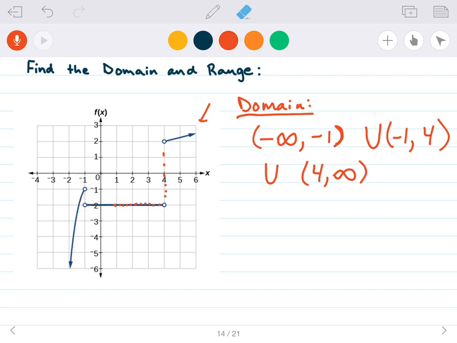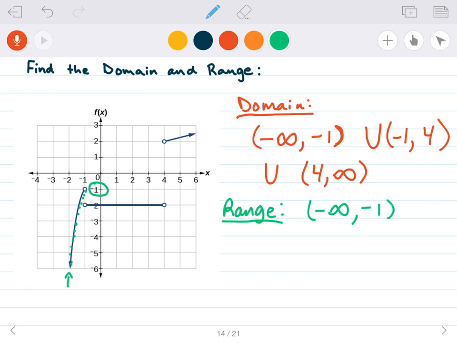Let's do the range now. The range is how far down to how far up does it go. Again, this arrow is telling us that it goes down indefinitely. So it starts at -infinity and travels up and up and up, and it stops at y equals -1, but not including -1.